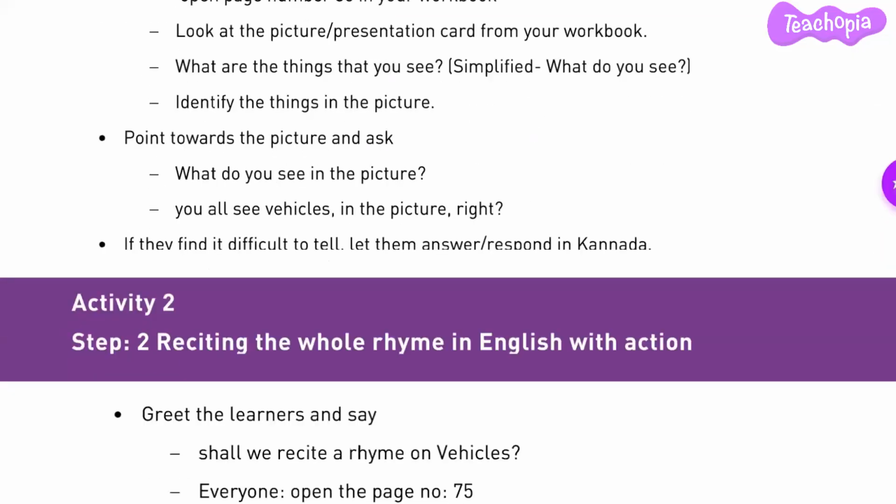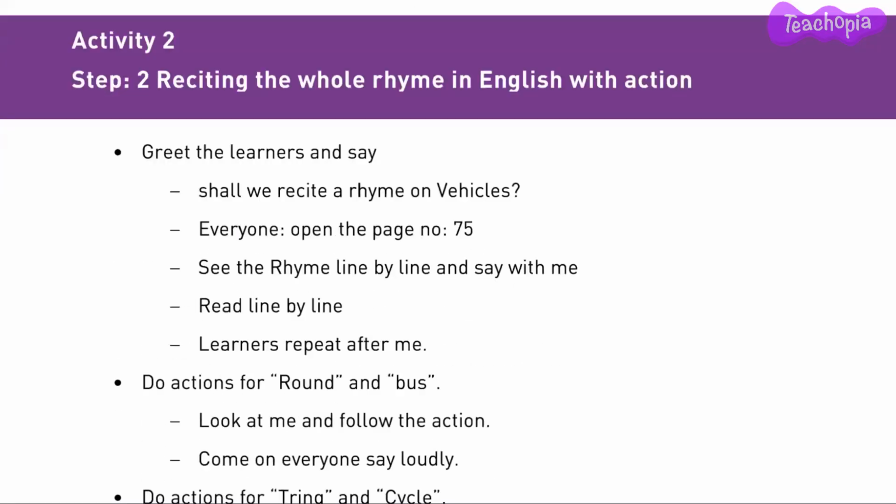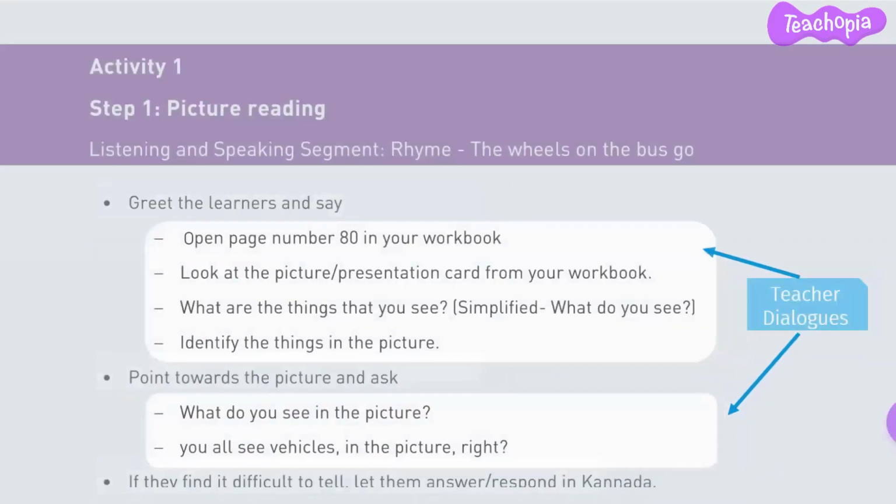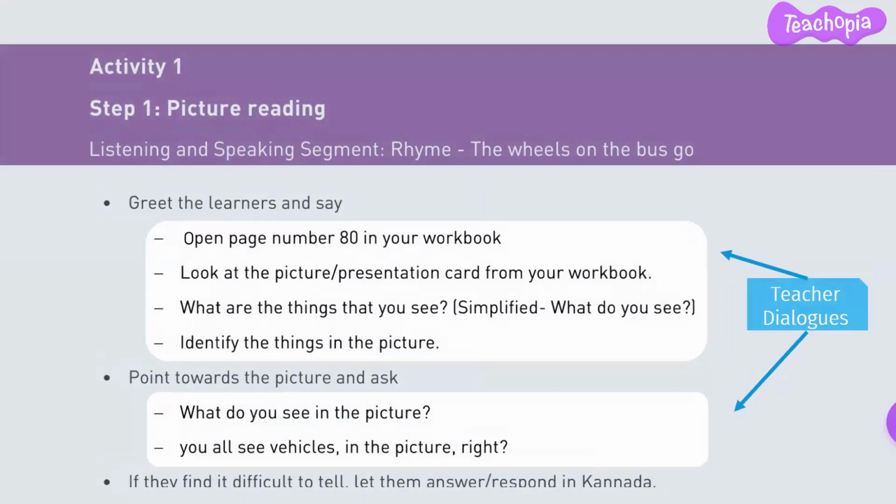So what do we mean when we say that? The bullet points here are instructions for you as a teacher as to what you can do. And below the instructions, what you see next to the dashes are dialogues that you can use. So for example, if the instruction is to greet the learners, we have different dialogues on how you can start off the classroom by meeting the learners and helping them open their textbooks in English.